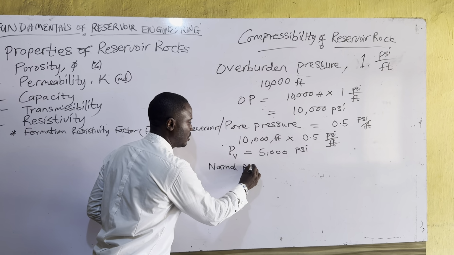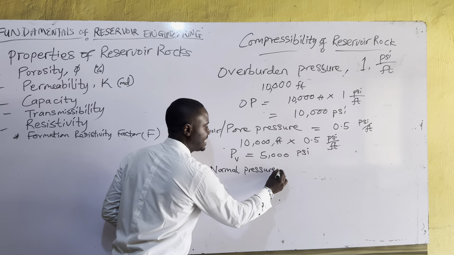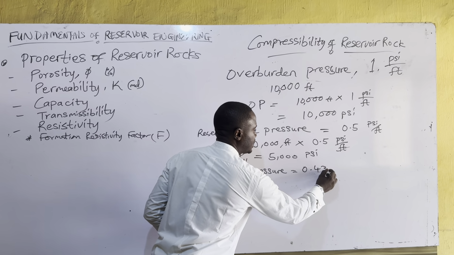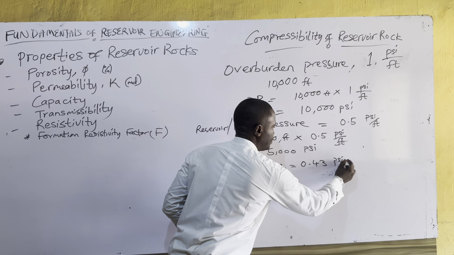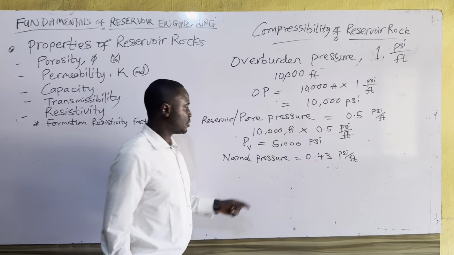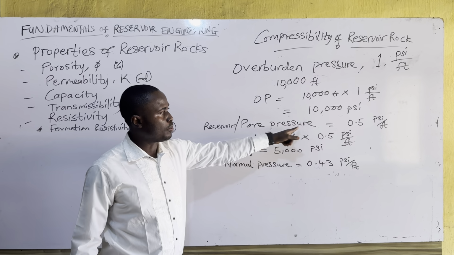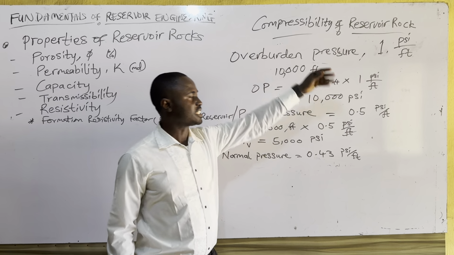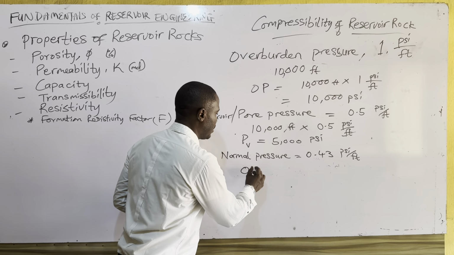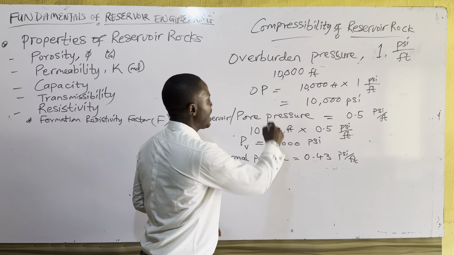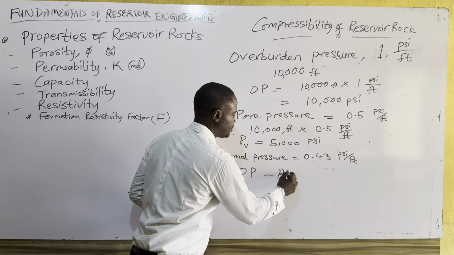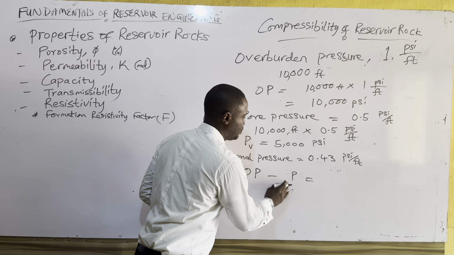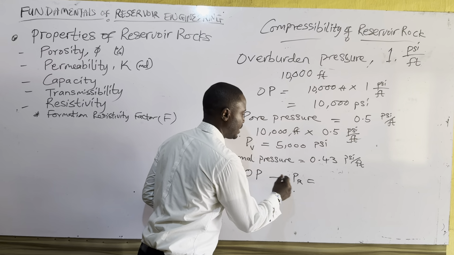Now, the normal pressure of the reservoir rock. The gradient for normal pressure of the reservoir rock is approximately 0.43 psi per foot. Okay, so this is the normal pressure gradient, this is our pore pressure gradient, and this is the overburden pressure gradient. There is a differential between the overburden pressure minus our reservoir pressure, which we call P subscript R, depending on how you want to write it.